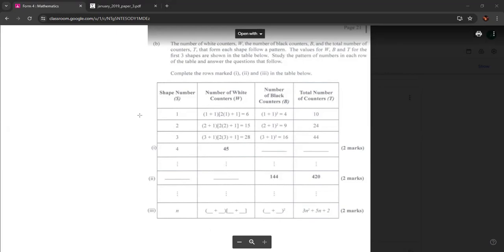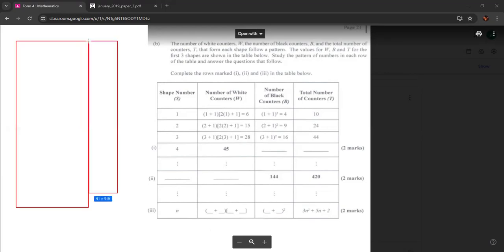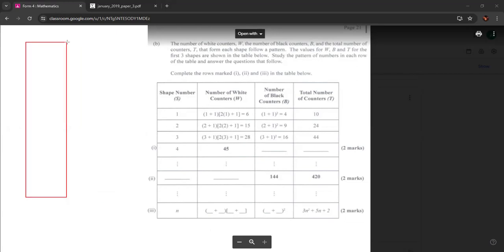In this case, instead of figure number, they have shape number, and we could go column by column. So we take the first column, which is your shape number, and I'm looking at the number of white counters.